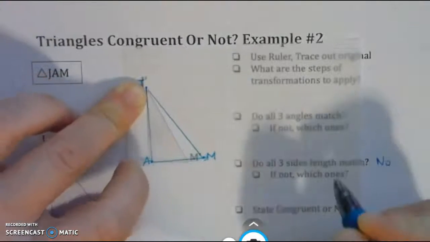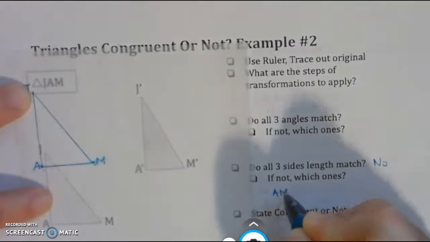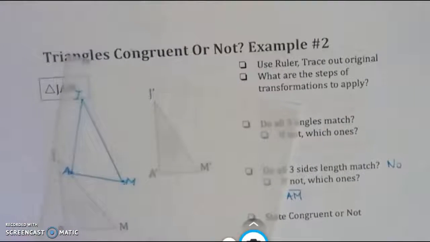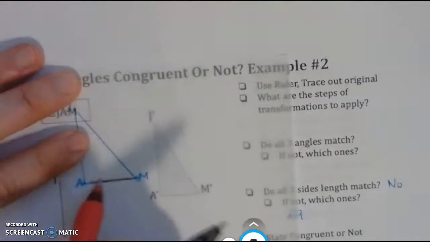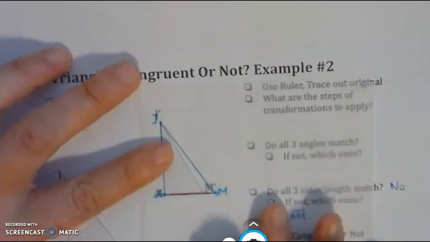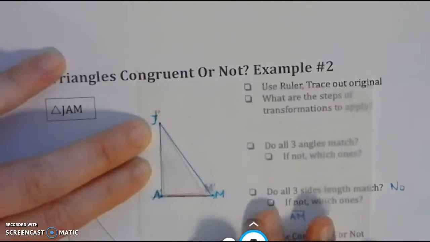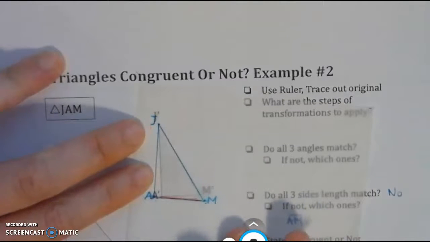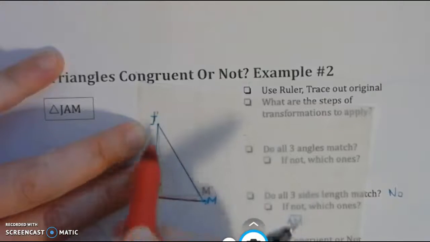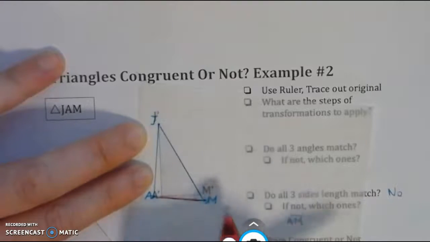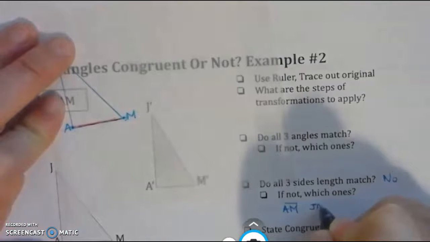No. Which sides do not match? The line segment AM here does not match. This one is longer than the new image. What about J prime M prime? JM is again longer than J prime M prime. So JM does not match.